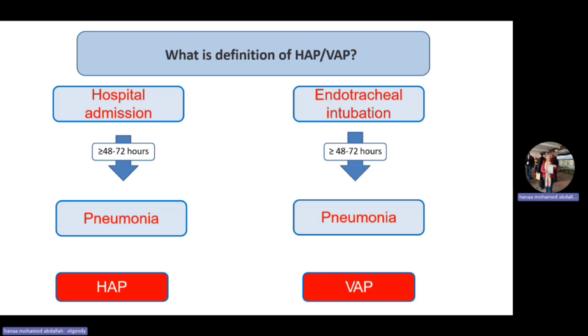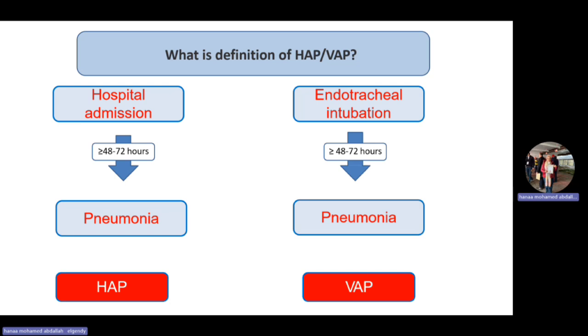The definition of HAP and VAP is divided according to the situation of the patient, whether he is intubated or not, and according to the onset of the symptoms. Hospital-acquired pneumonia is diagnosed up to 72 hours after admission to the hospital, the ICU, or the emergency department.